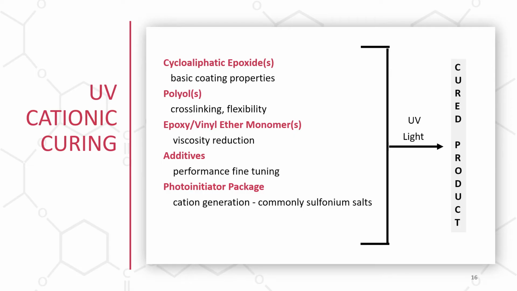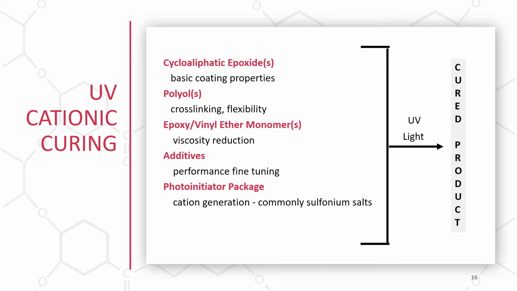Like other types of curing, such as free radical curing, one does not usually have a single or even a double component system to get the coating or ink or adhesive that you're looking for. UV curing cationic systems tend to have multiple components, so that you formulate those to get the exact properties and or cure speed that you're looking for.